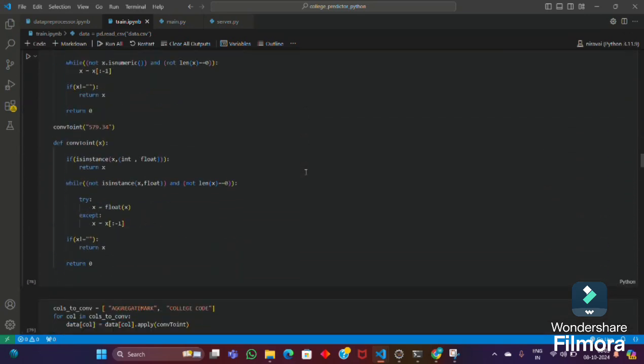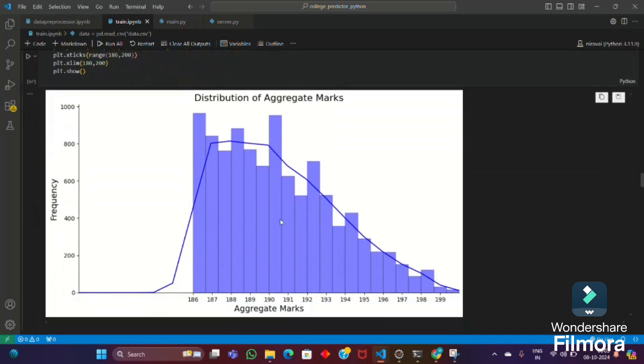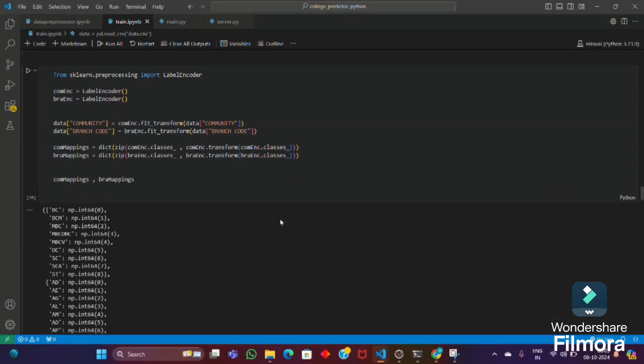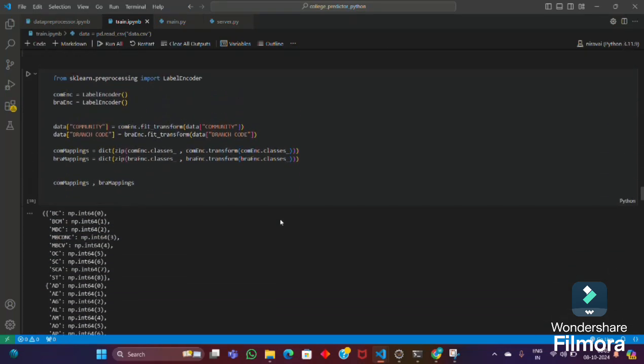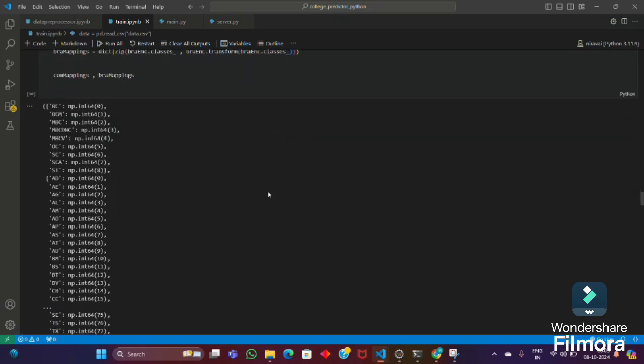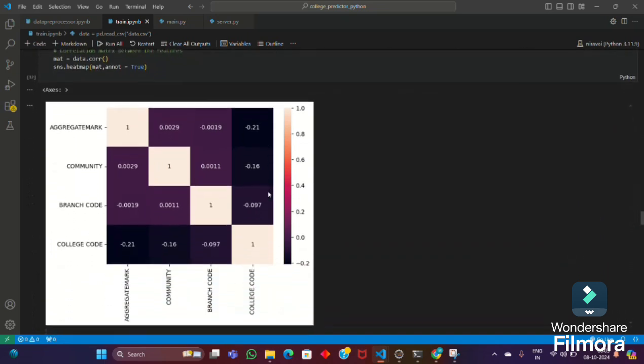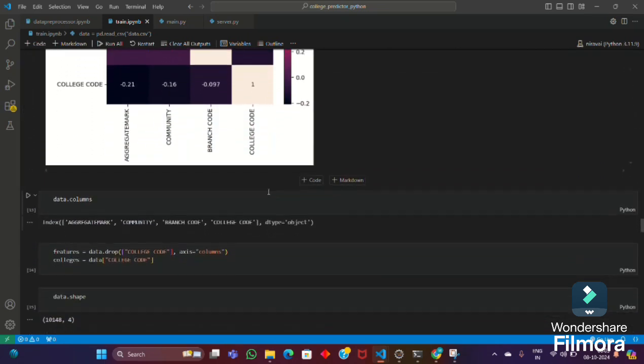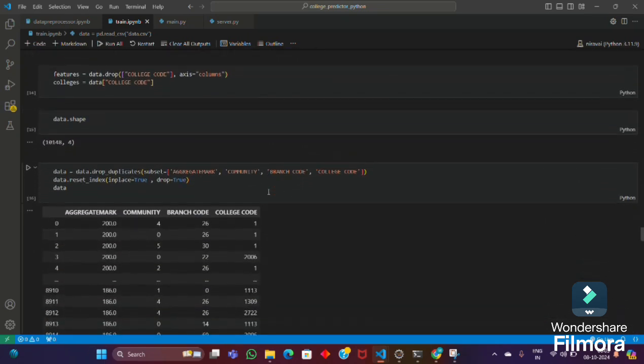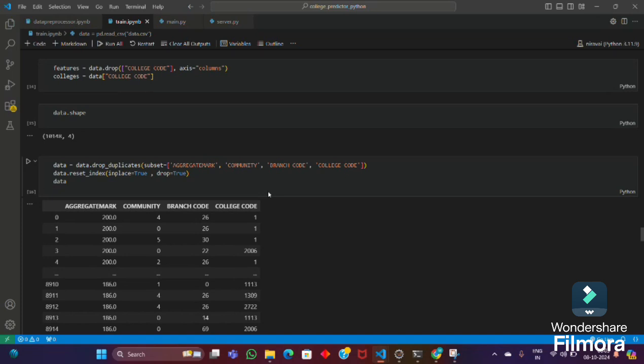Then I plotted the distribution of the marks, and then I encoded every value in the columns and rows, and then I applied cosine similarity to find the best similarity between the user input and available data, and we also implemented it on a website.